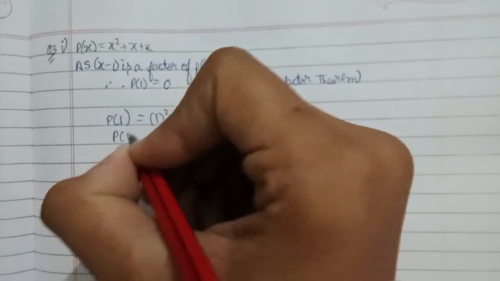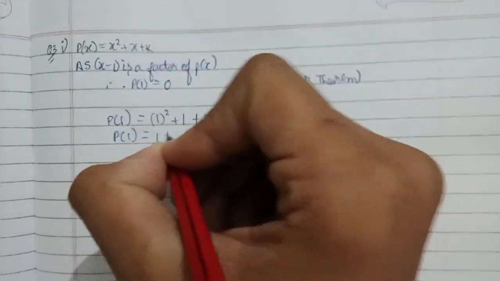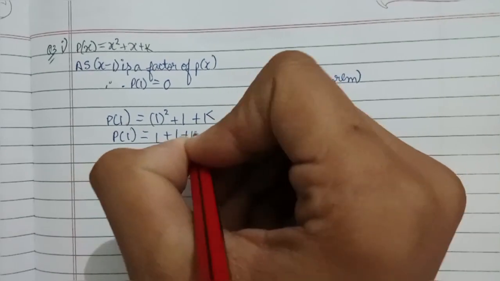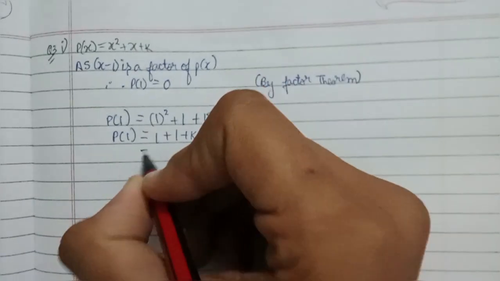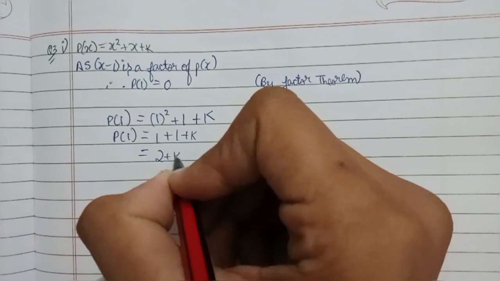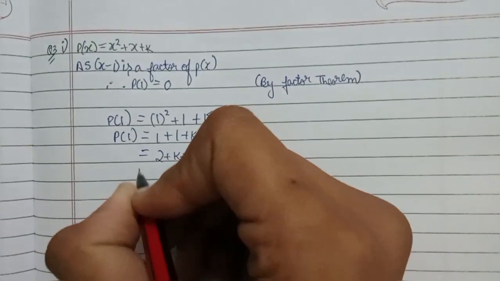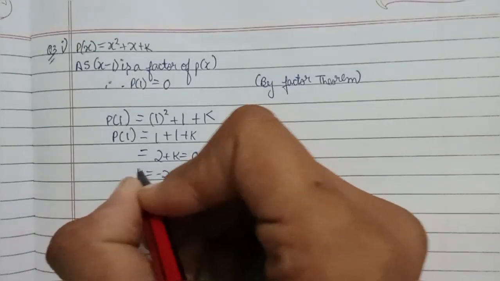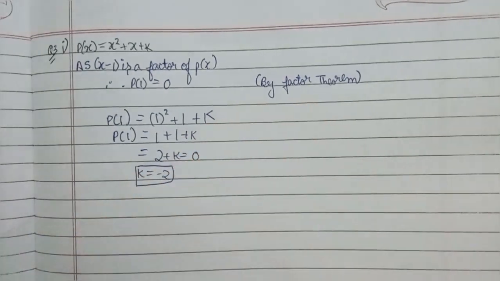Now p of 1 equals 1 plus 1 plus k, which is equal to 2 plus k equals 0. So k equals minus 2. So this is the answer, k is equal to minus 2.